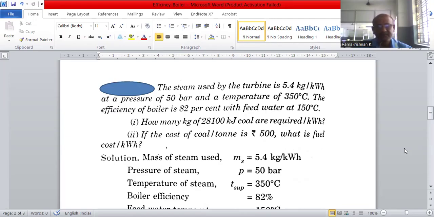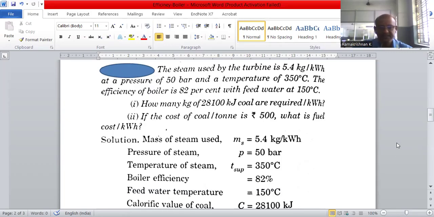We are dealing with the boiler efficiency. Here the steam condition is given. The mass of the steam used, ms, is 5.4 kg per kilowatt hour; for 1 unit of power, 5.4 kg is consumed. The steam pressure at the inlet to the turbine is 50 bar and the temperature of the steam at the inlet to the turbine is 350 degrees Celsius, that is the superheated temperature.